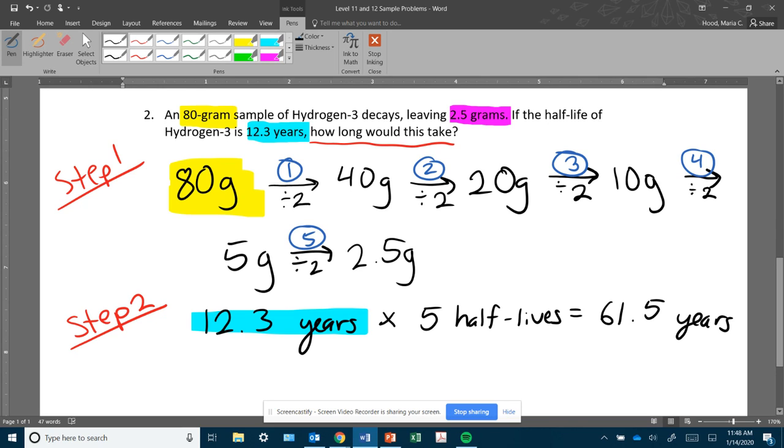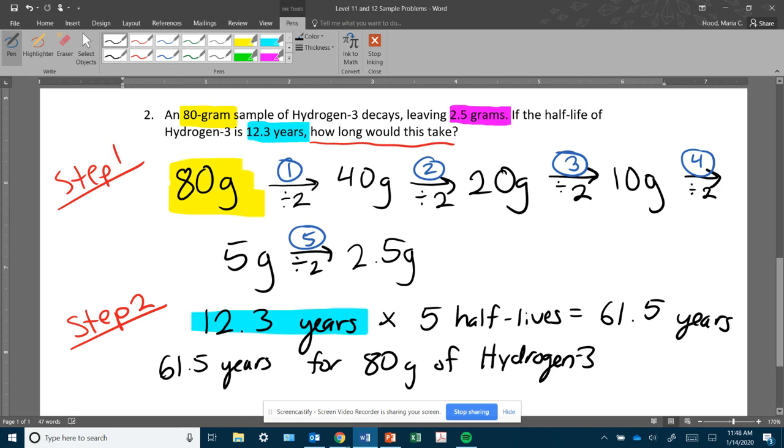That means it took 61.5 years for 80 grams of hydrogen-3 to decay to 2.5 grams.